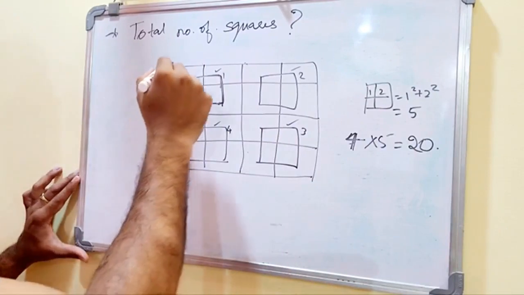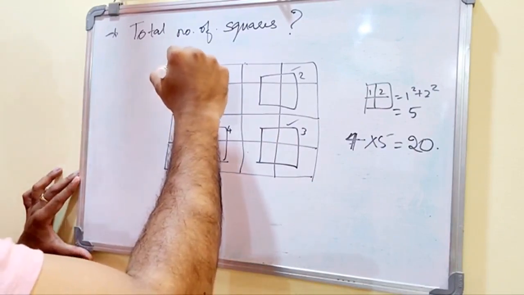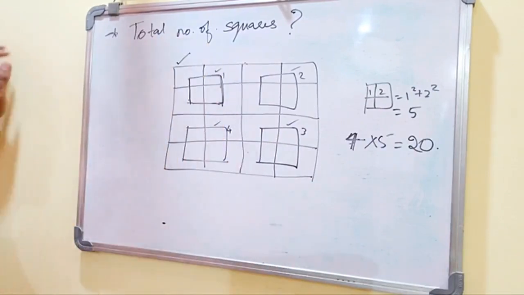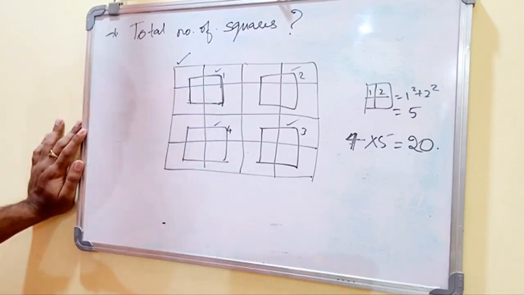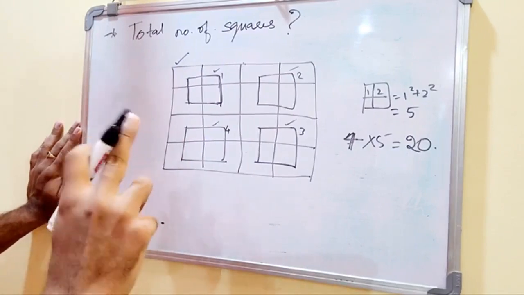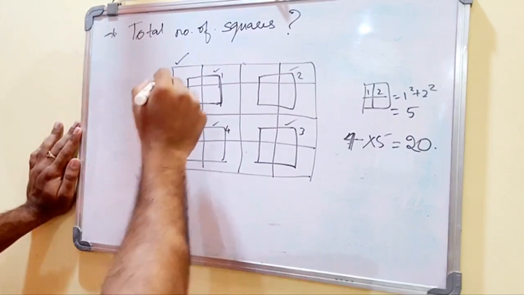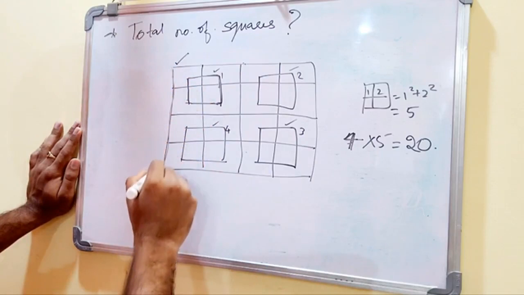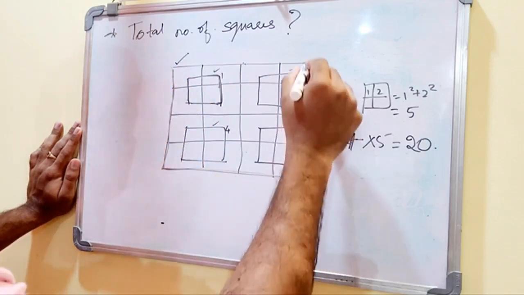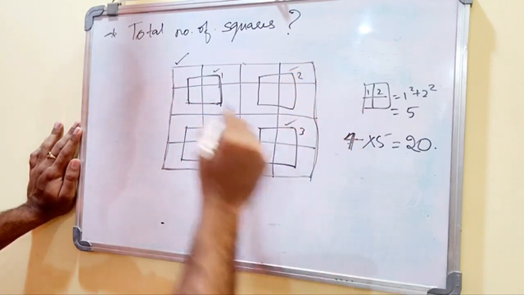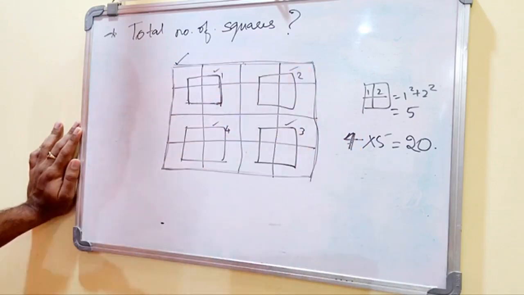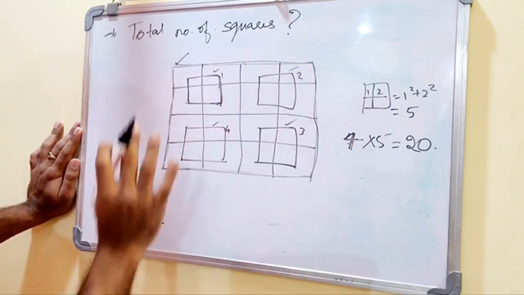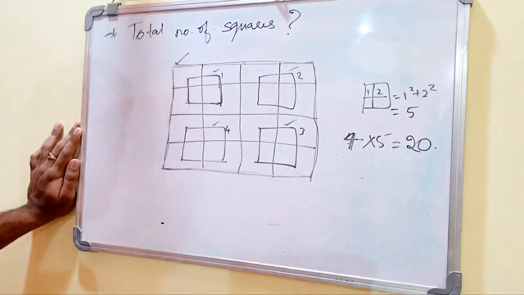Now we have to calculate how many squares this bigger square contributes. This bigger square is nothing but similar to the type 1 example. This is one big square. Now remove these smaller squares from this figure, and this will look like the type 1 example.